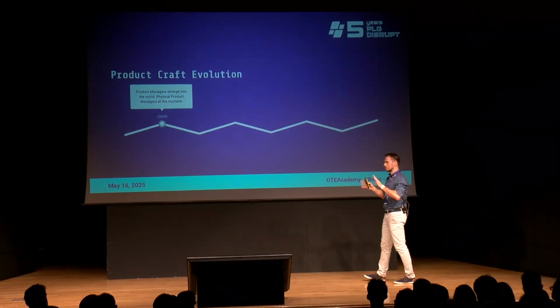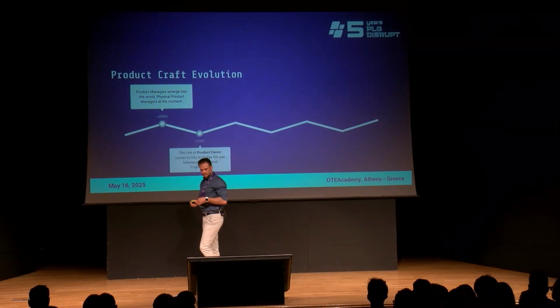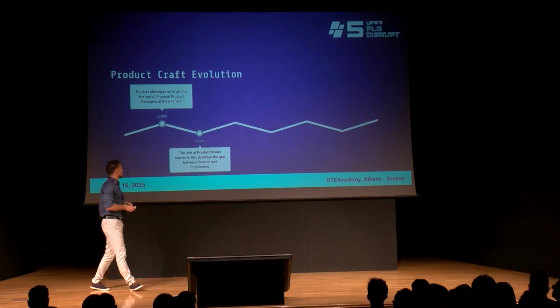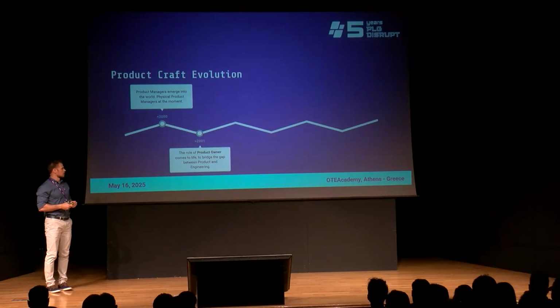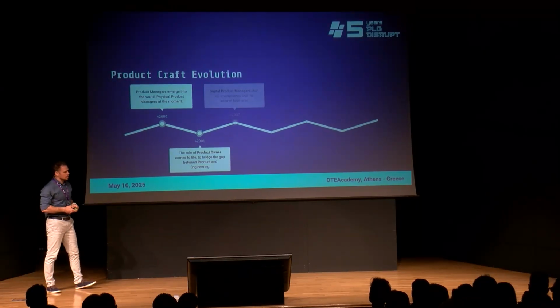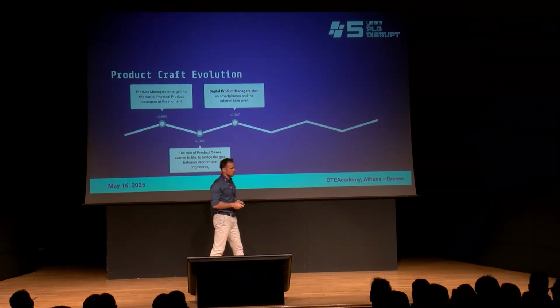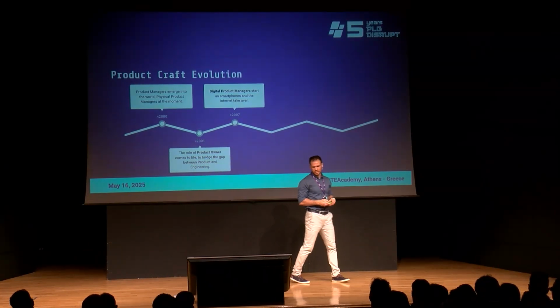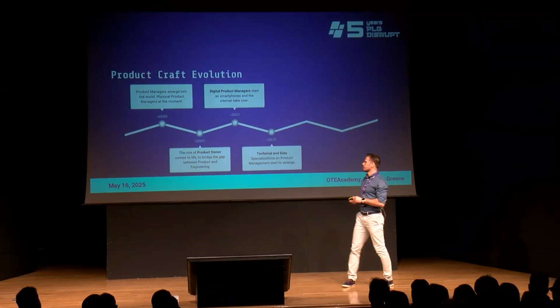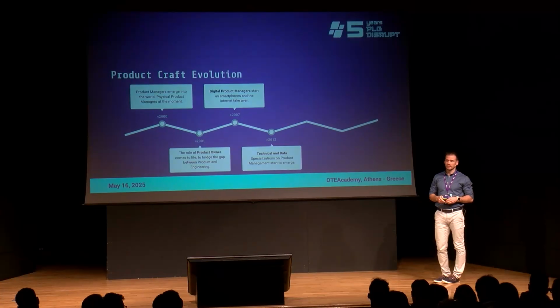No internet, or there was some internet. But then we had product owners about 2001, along with Agile. And then we had digital product managers, because then came more software, more internet. And then we had technical and data specialization in product management.